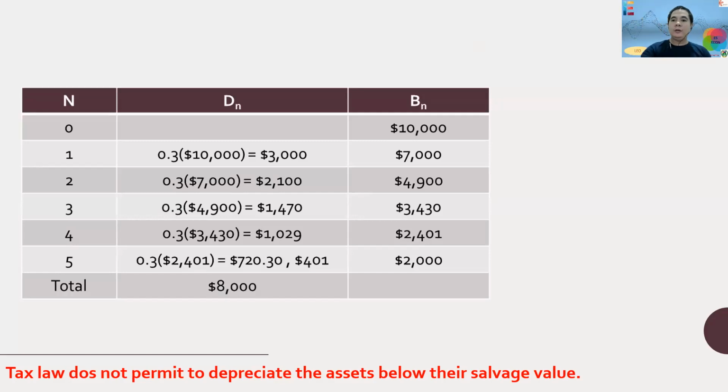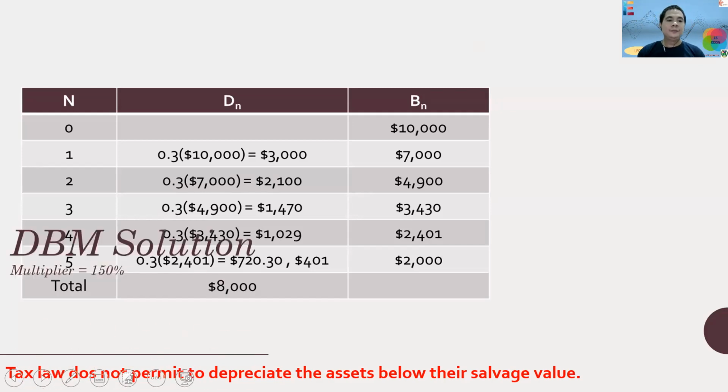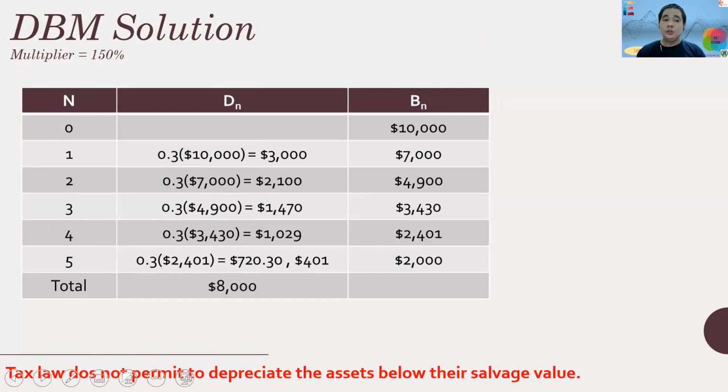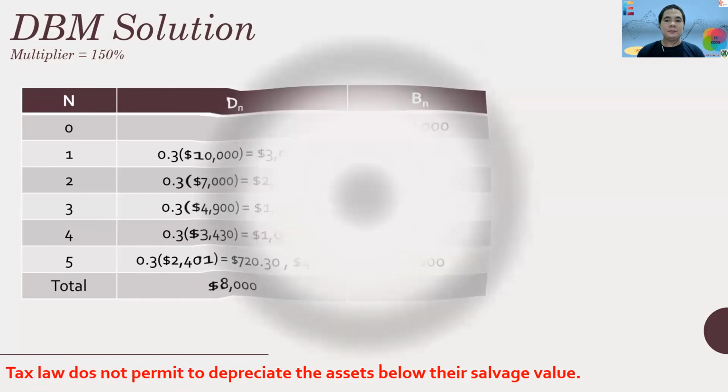So now we already know that tax law does not permit any company to depreciate the asset of a business beyond the salvage value. So this is the solution for the declining balance method with a multiplier of 150%.